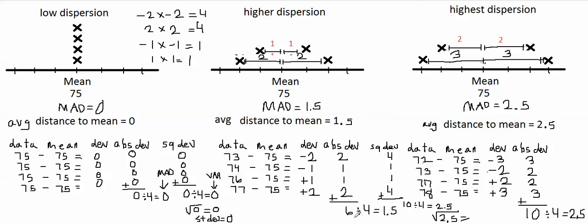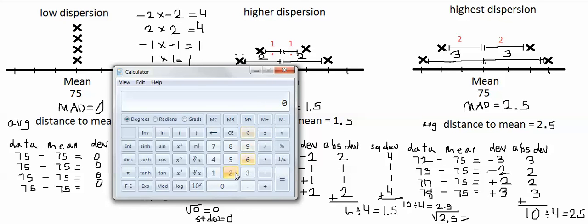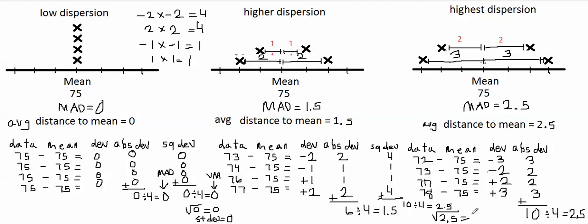And this will come out to 1.58. So this standard deviation does come out close to the MAD. So we have the MAD is 1.5, the variance is 2.5, the standard deviation is 1.58.